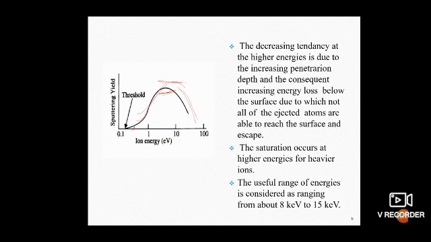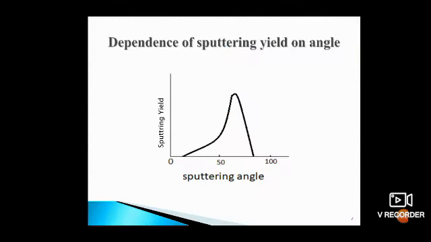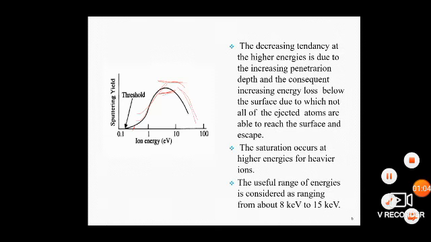This decreasing tendency at the higher energies is due to the increasing penetration depth and the consequent increasing energy loss below the surface, due to which not all of the ejected atoms are able to reach the surface and escape. And the saturation region occurs at higher energies for heavier ions. The useful range of energies is considered as ranging from about 8 keV to 15 keV.